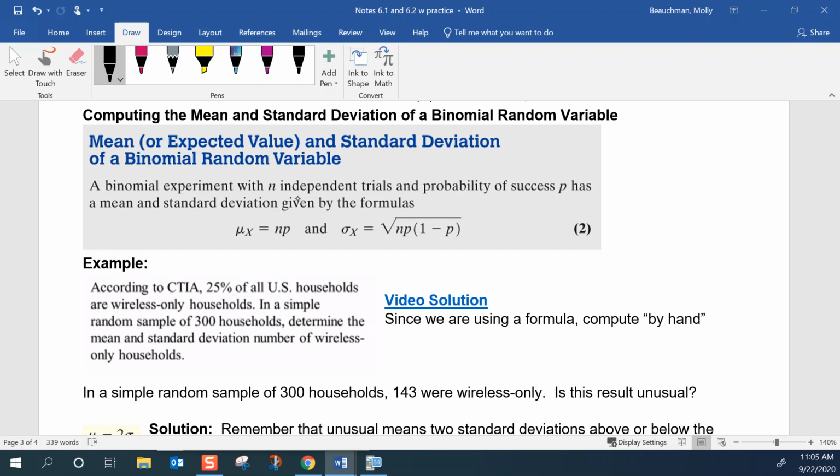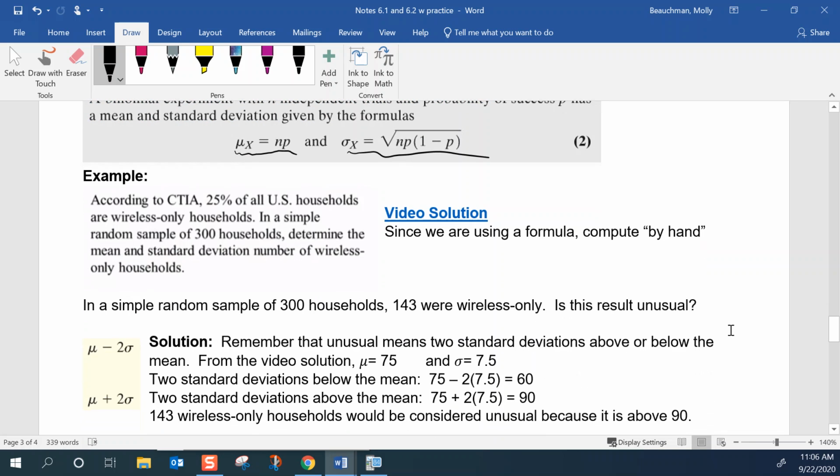So a binomial experiment with n independent trials and probability of success P has a mean and standard deviation given by, the mean is n times P, the standard deviation is the square root of n times P times 1 minus P. So there's no need to type it in the calculator. All you need is n and P and put them in the formula and you've got the mean and the standard deviation.